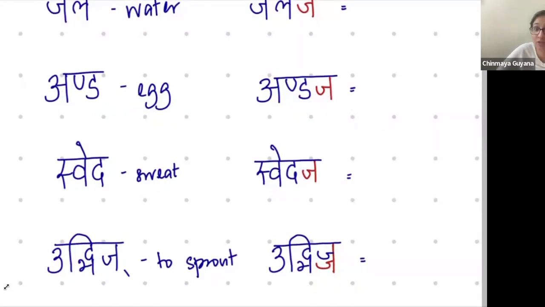So udbhija would be what? Something that is born from sprouting. That's a plant. Huh? So you just learned one verb root called jan. And now you're already telling me the meaning of words. That has to be remarkable. Do that in English.